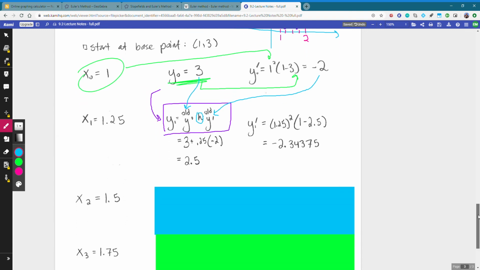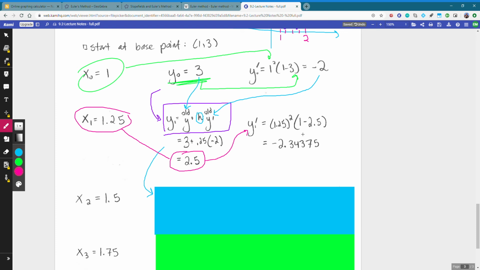And now, in order to see what we're going to end up with for our next y value, we're going to need to know the slope at this new point, our new point being (1.25, 2.5). And so we can take those and plug them into our formula from our differential equation to find y prime.